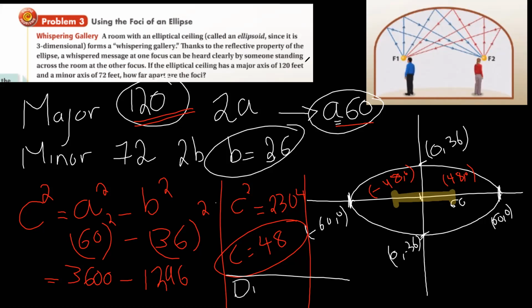If C is 48, then the distance is 2C, so 2 times 48, which will be 96. This is now how far apart are the foci. Is it clear now?